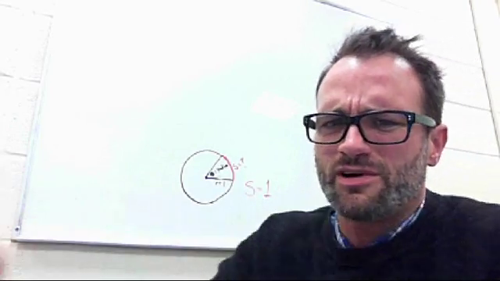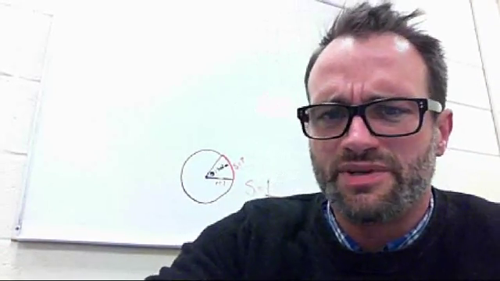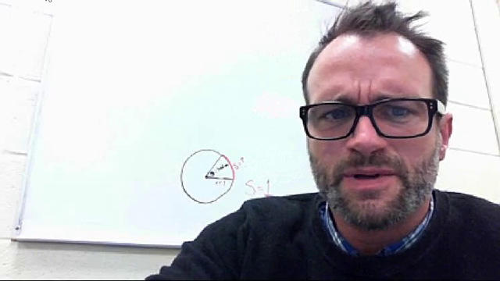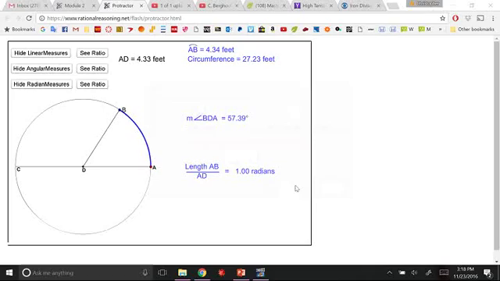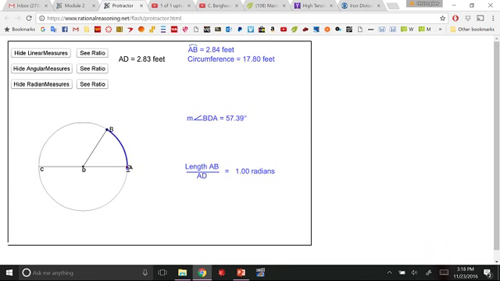Let's go to our protractor app and experiment with this. Okay, so here I've set my angle measure to be 1 radian, and let's make our radius, just to make sure that our thinking is correct about this, if we make AD, this measure right here, 1 unit.